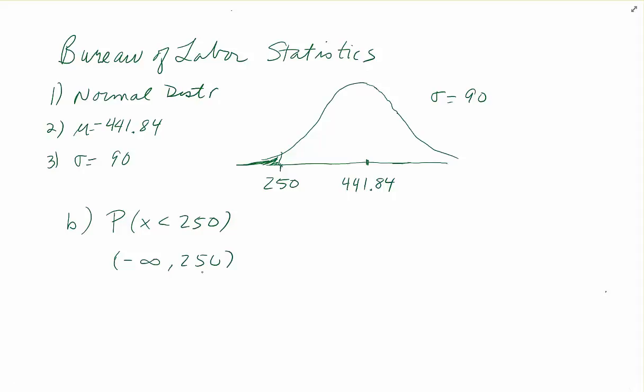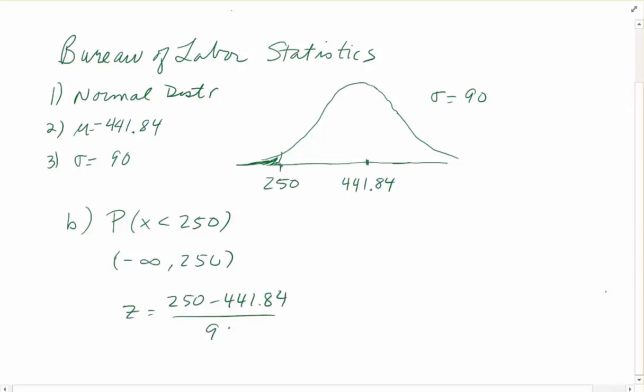I've got to find the z-score of the 250. So z is equal to 250, subtract 441.84 divided by 90, and I get a negative 2.13. And so the 250 has a z value of negative 2.13.